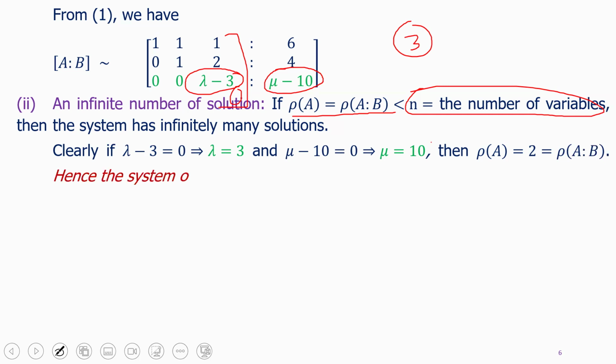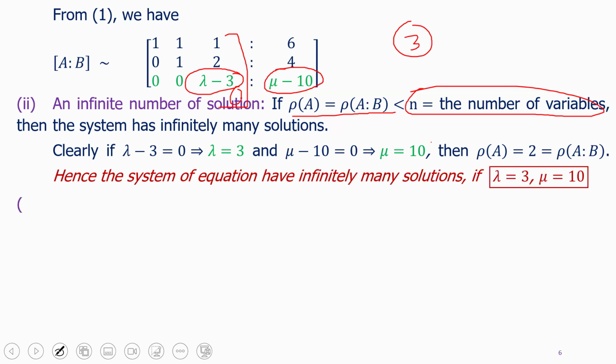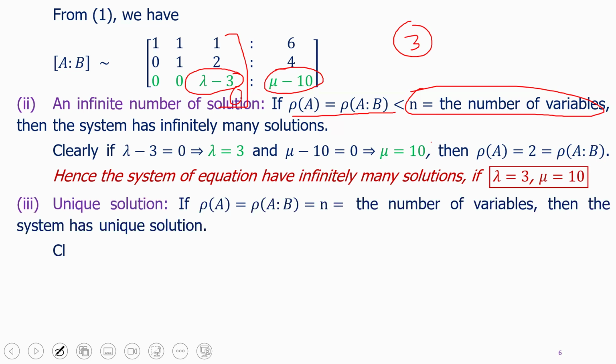Hence, the system of equations has infinitely many solutions if lambda equal to 3 and mu equal to 10. Now the third condition, unique solution. If the rank of A is equal to the rank of the augmented matrix, which is equal to the number of variables, then the system has a unique solution.